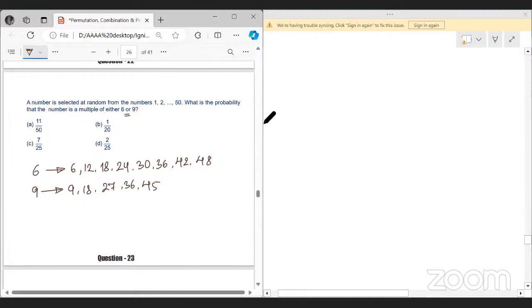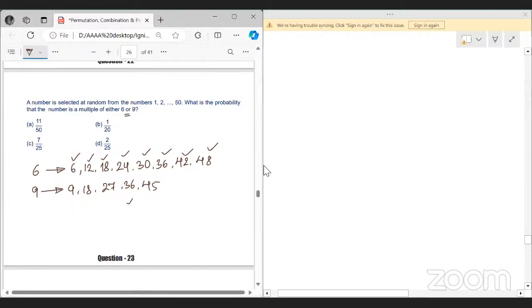So how many such numbers are visible here? 11 numbers. 1, 2, 3, 4, 5, 6, 7, 8, 9, 10, 11, 12, 13 numbers are available.